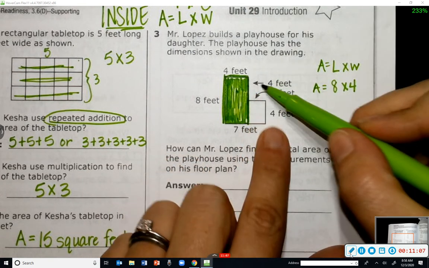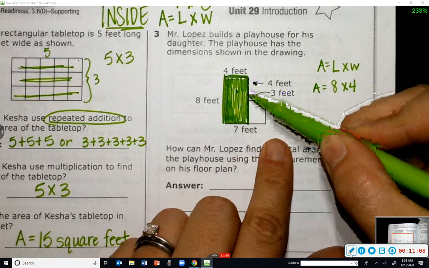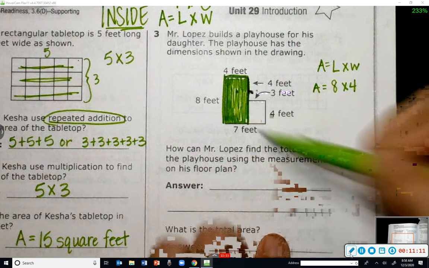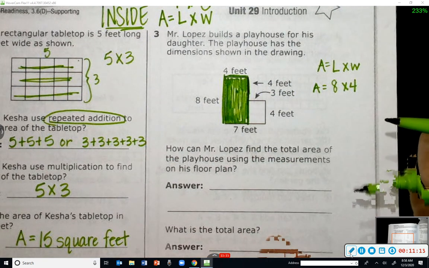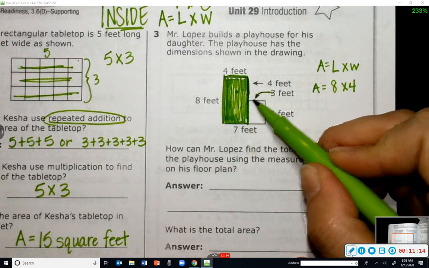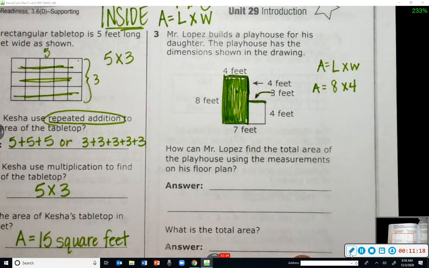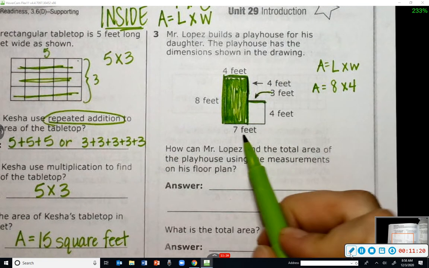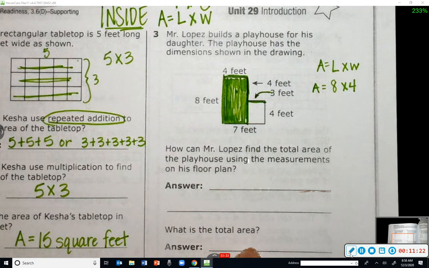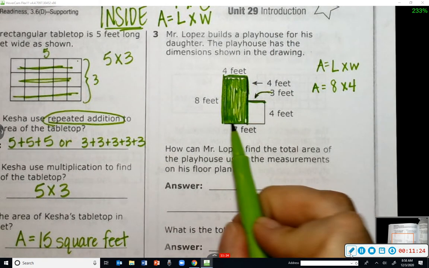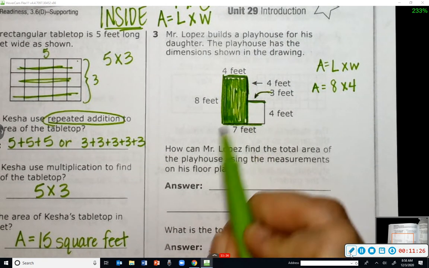Okay, we don't want to use this 4 because this 4 is only for part of this side, not the whole side. The 3 is pointing here to this rectangle. And the 7 is for what? The 7 is for the whole bottom going across, and we don't need that either.